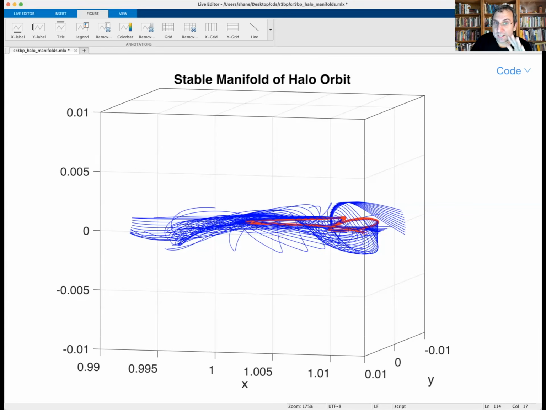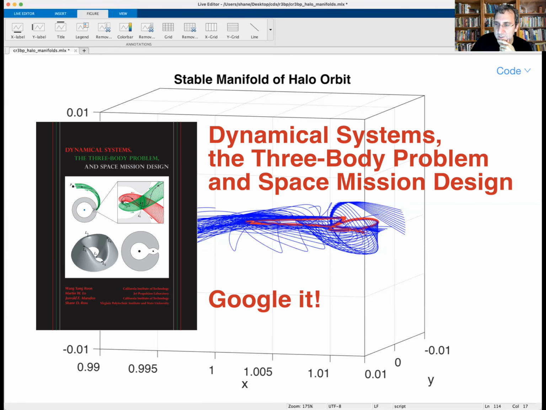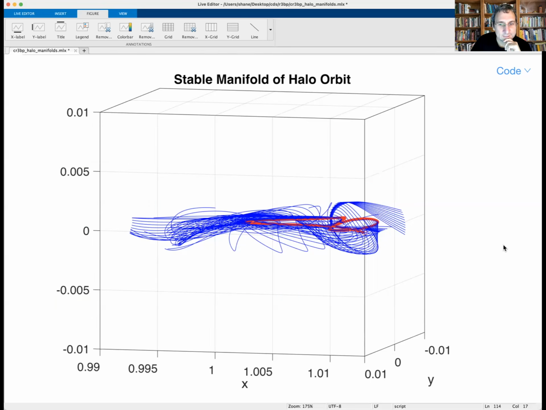If you want to know more of the details, this is from chapter 6 of the book. So look at chapter 6. And then the other chapters go on to other topics like end-to-end transfer design, using the three-body problem as a building block for designing four-body problem trajectories. And then I think that's it.